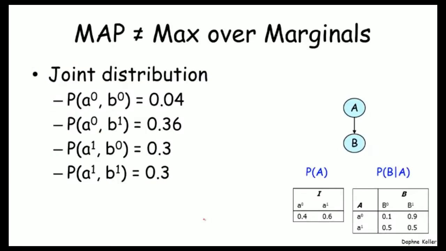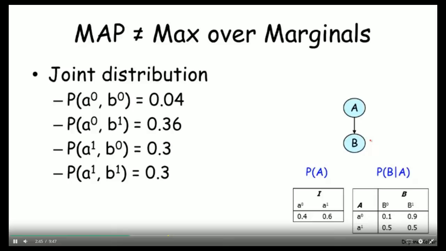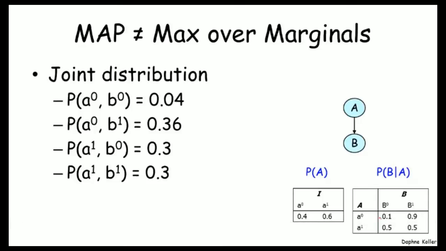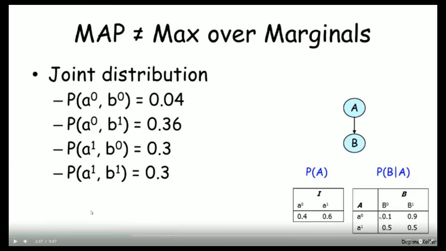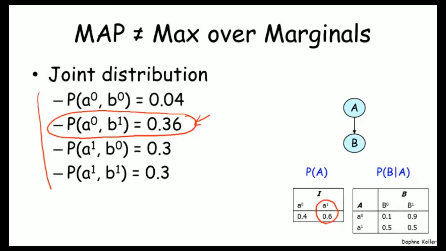Now, an important thing to understand about MAP is that it really is a different problem than conditional probability queries. To understand that, let's look at the following distribution over the variables A and B. In the MAP assignment, the variable A took the value a0.